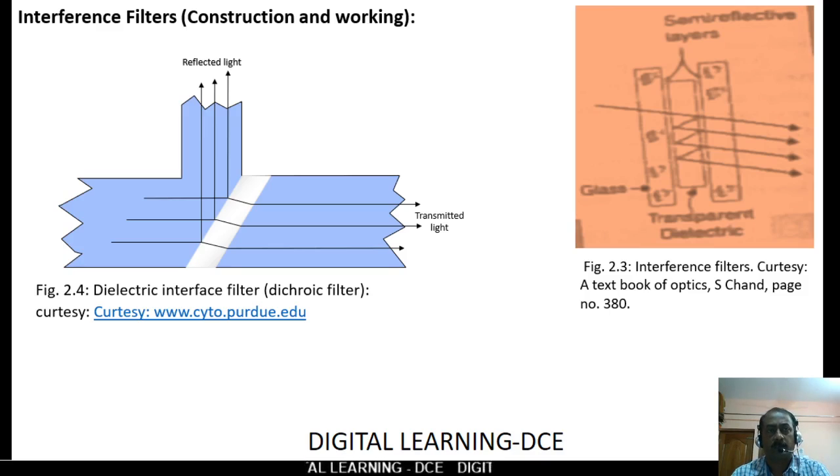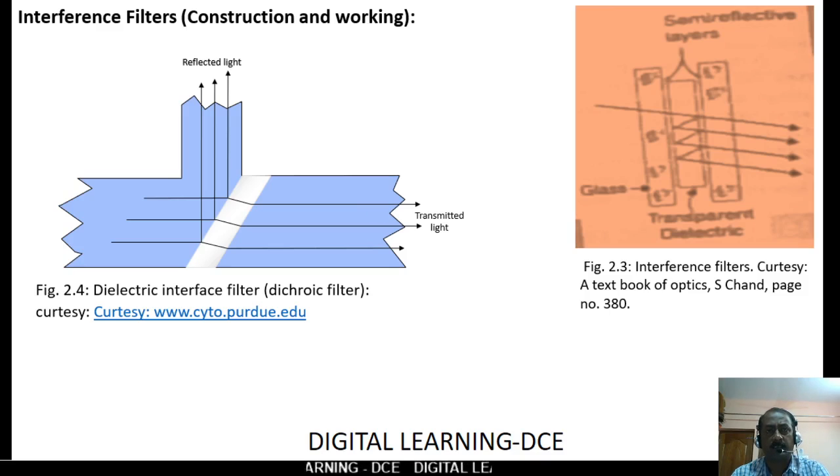Out of these, only the wavelength 500 nanometer lies in the visible region. In this way, with visible incident light, it is possible to filter a particular wavelength, that means a narrow band of wavelengths.